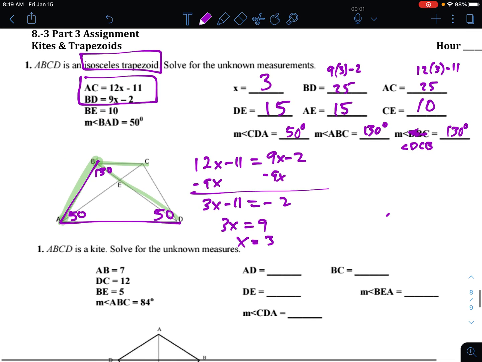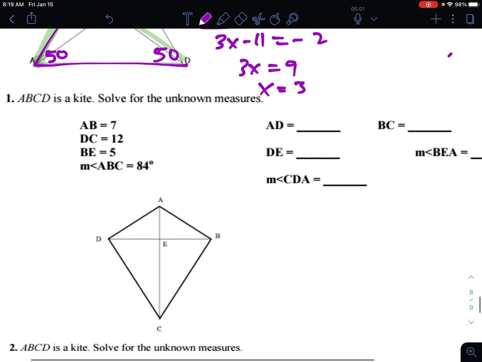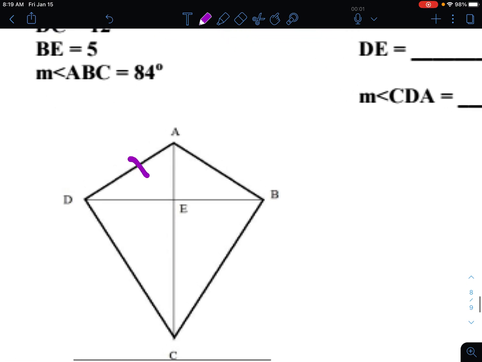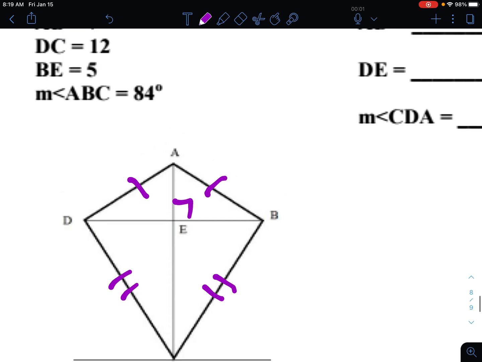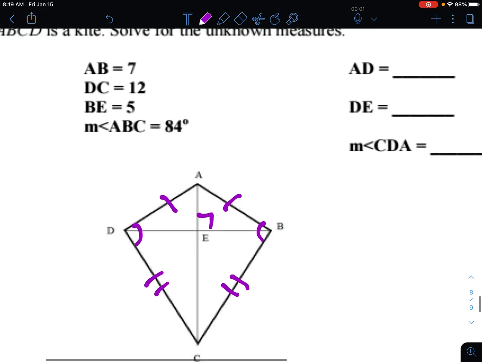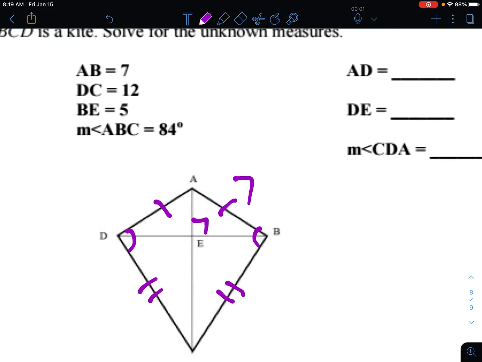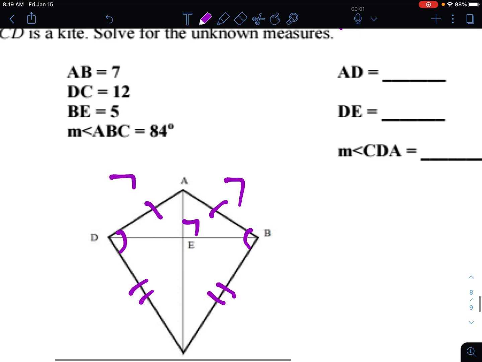All right, ABCD is a kite. What do we know about kites? We know that they have two pairs of congruent sides. We know the diagonals are perpendicular. And we know that these two angles in the corners are going to be the same measure. So if we know AB is 7, we also know AD is 7.